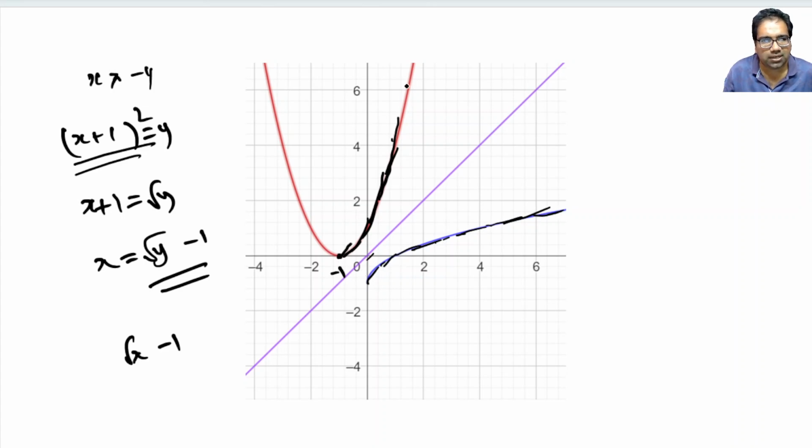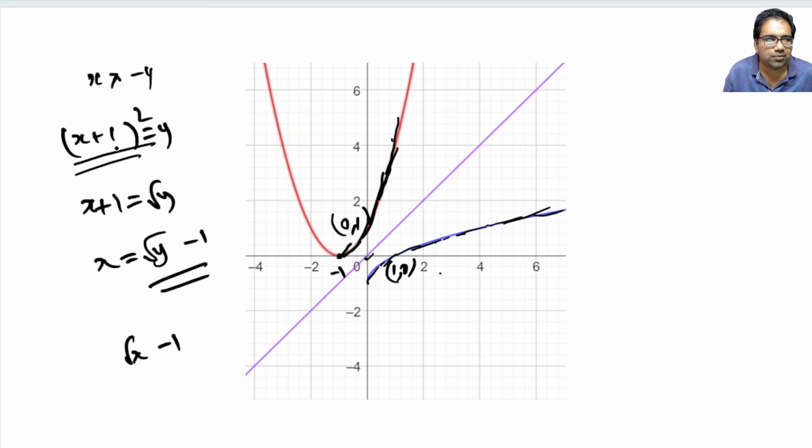See, this part is a reflection of this part with respect to y equal to x. Basically, whatever x, y is here, it will become y, x there. For example, if x is 0, y is 1, so the point 0, 1 becomes 1, 0 here.